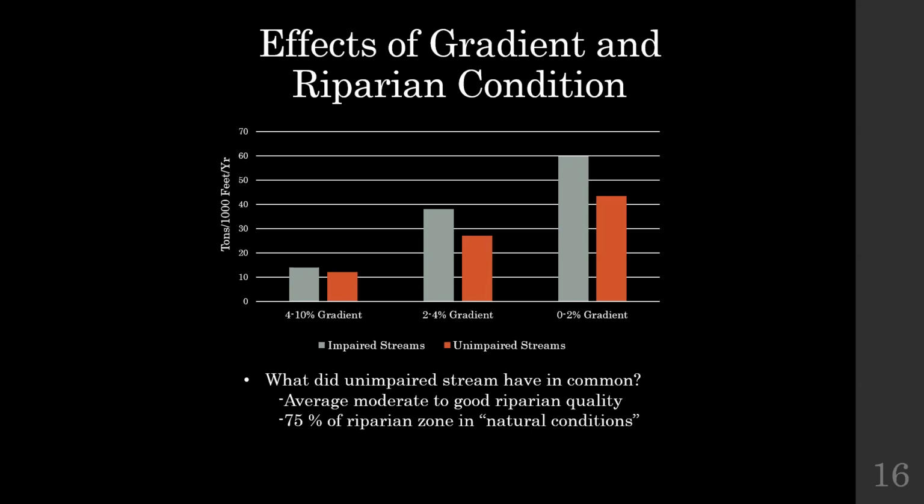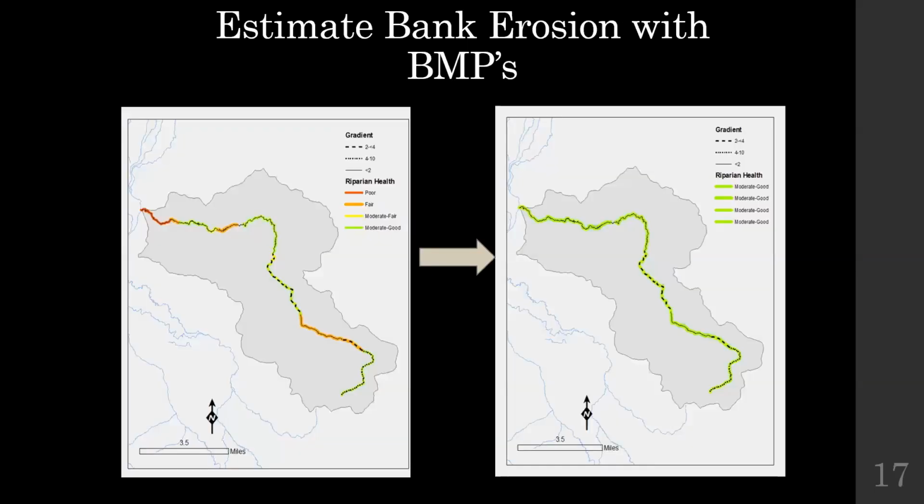So statistically, we could show that these areas with at least 75% of the riparian zone intact or more representative of natural conditions had less bank erosion. This information could be used to estimate bank erosion if BMPs were implemented.